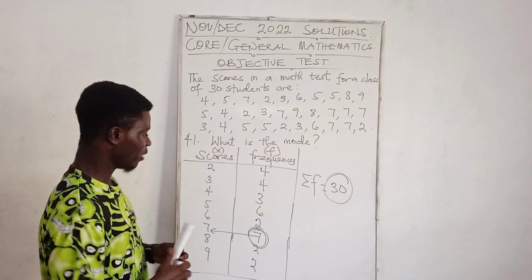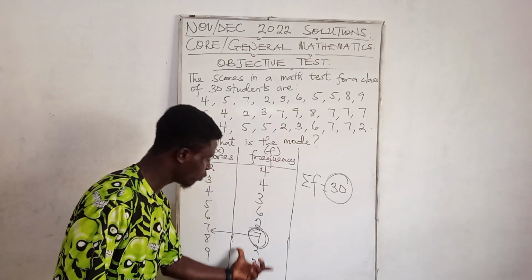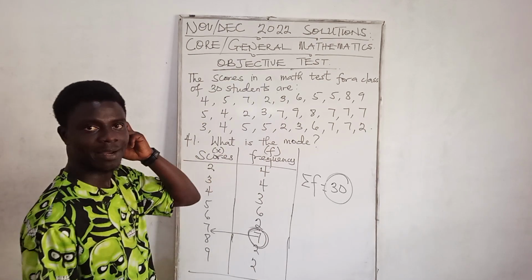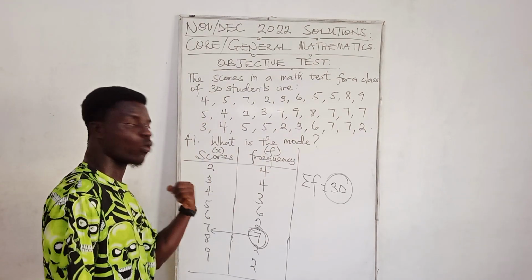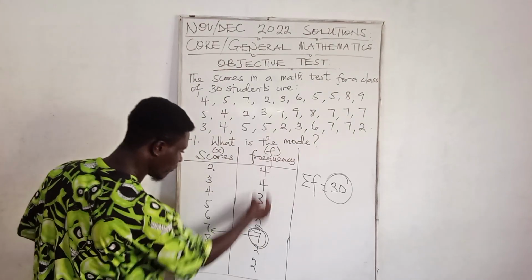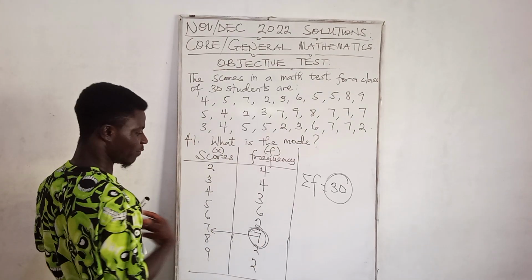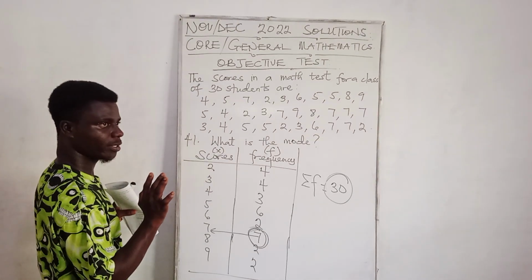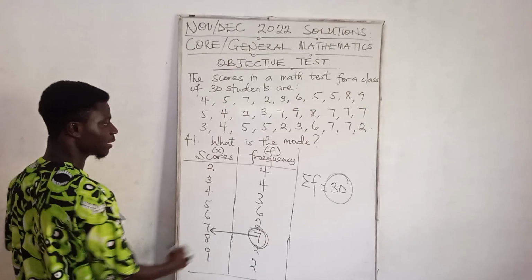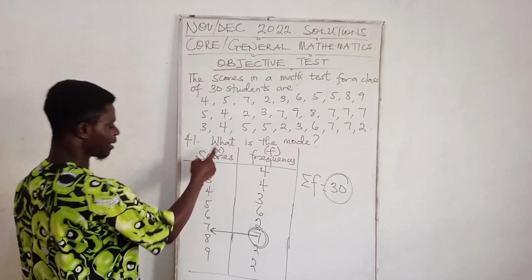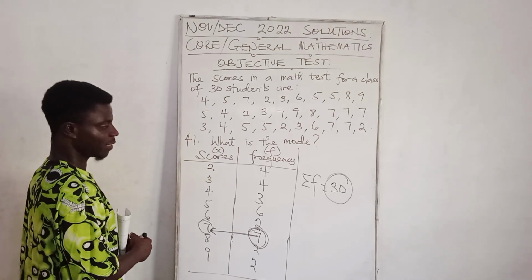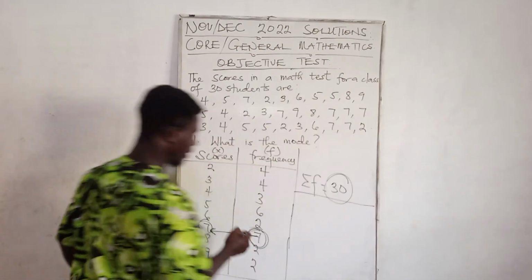The frequency is telling you the highest value for the mode you are finding. So my highest frequency is 7, but it's not the mode. So we trace it along the same path to the score, that's the x value. Then we can say that our modal score is 7, or our mode is 7.